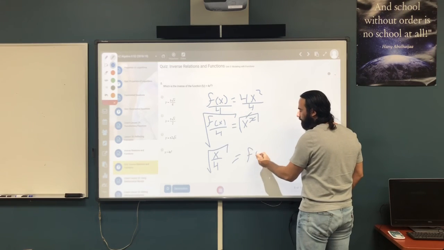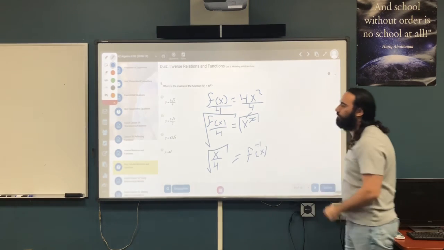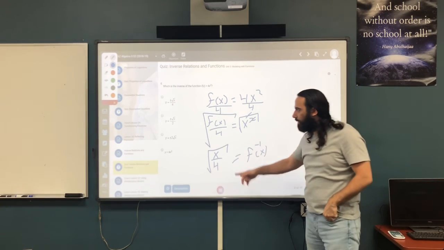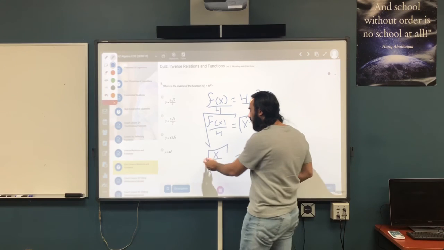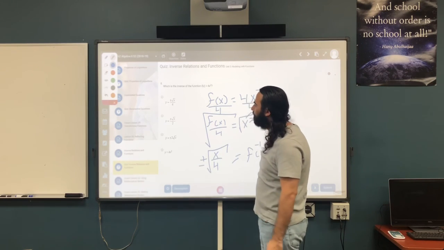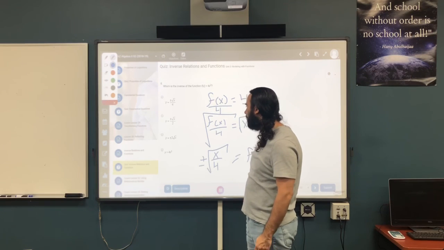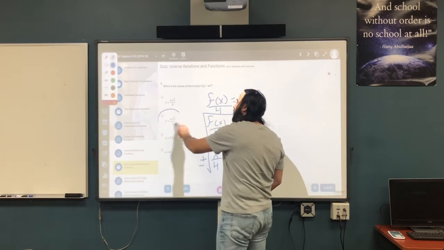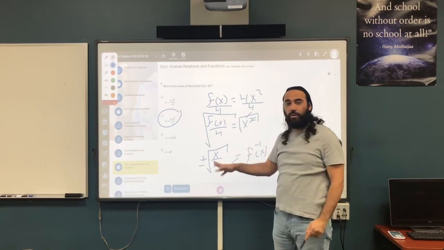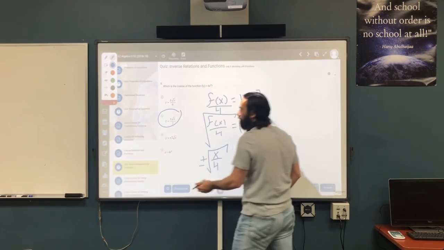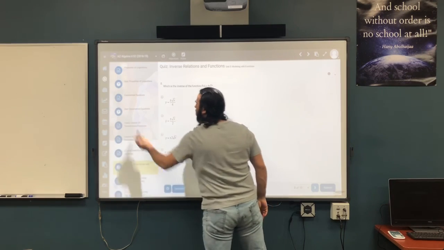I'm left with the f(x) and with the negative 1, which is the inverse. So it's square root of x divided by 4. Of course, we add the positive and the negative. And yeah, that's it. Which one is the answer? It's this one. Why? Because the square root of 4 is 2.